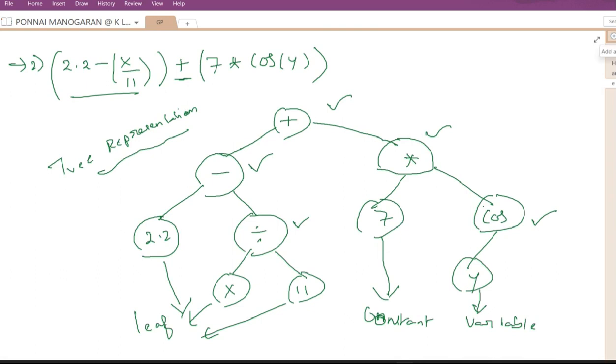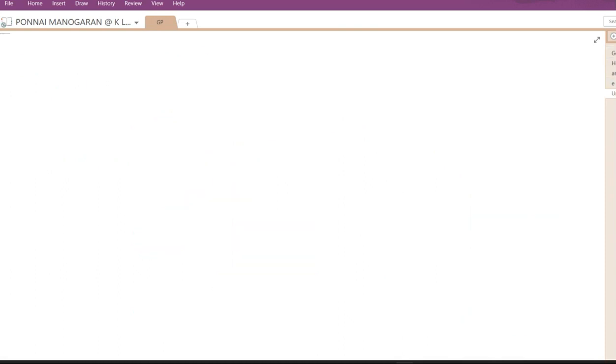So this is an important part. Once we have successfully learned how to represent a program in tree representation, next we will study genetic operators in GP, genetic programming. I already told you we have two operators: crossover and mutation.